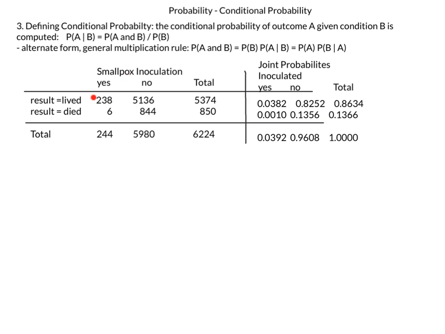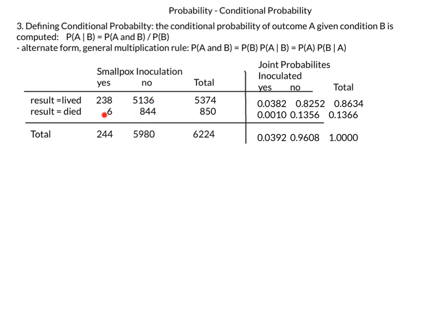And looking at our joint counts then, of the people who had a vaccination, 238 lived, 6 died. Of the people who did not have a vaccination, 5,136 lived, and 844 died.